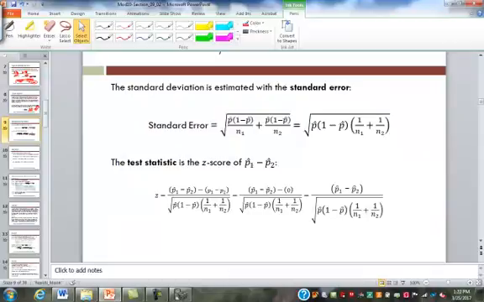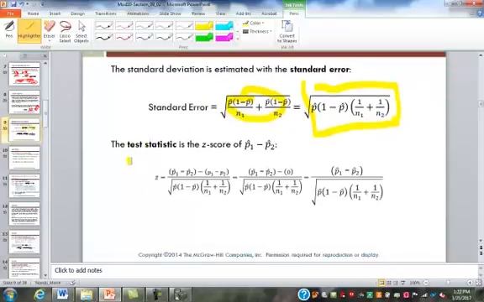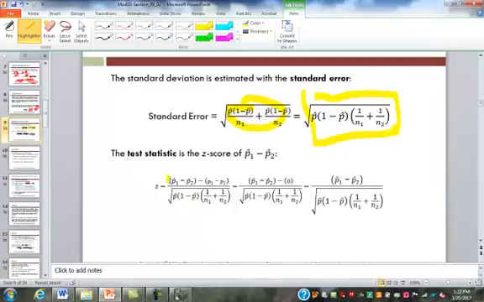Okay, so then next we're looking at now finding the standard error there. So we could either do the standard error the way we did it the first time, or we could use that pooled proportion and use this formula. They should come out to be pretty close to the same. Our test statistic then, like I said, we subtract the two proportions and we divide by that standard error.